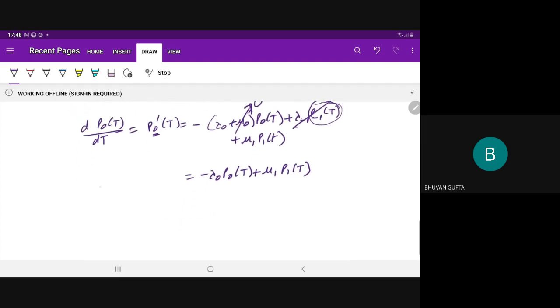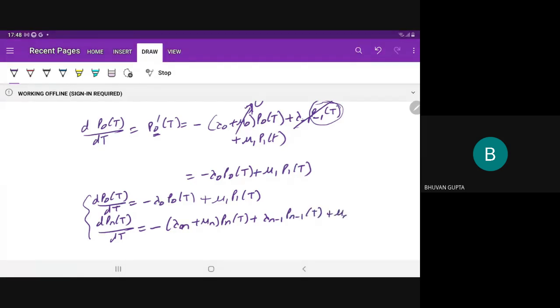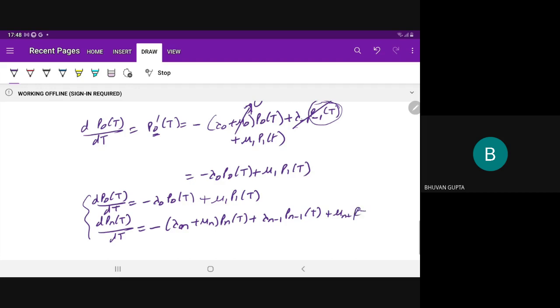So from here, if you write in the form, we have dp0(t)/dt equal to minus lambda naught p0(t) plus mu 1 p1(t), and dpn(t)/dt is equal to minus (lambda n plus mu n) pn(t) plus lambda n minus 1 p n minus 1(t) plus mu n plus 1 p of n plus 1(t).